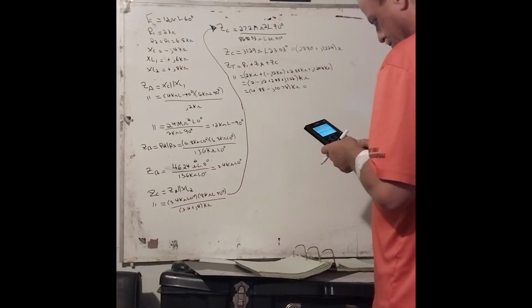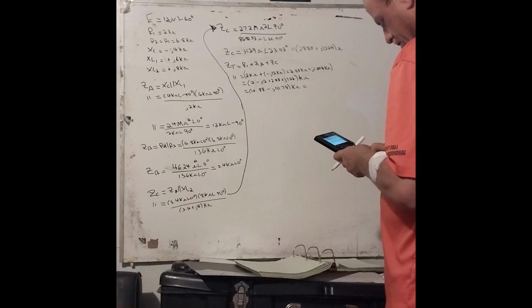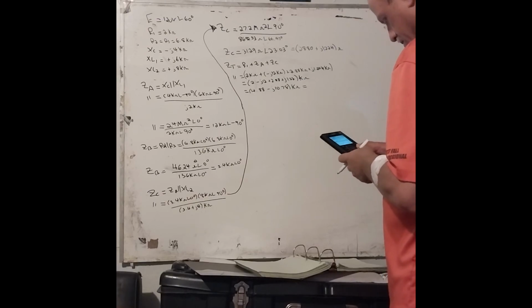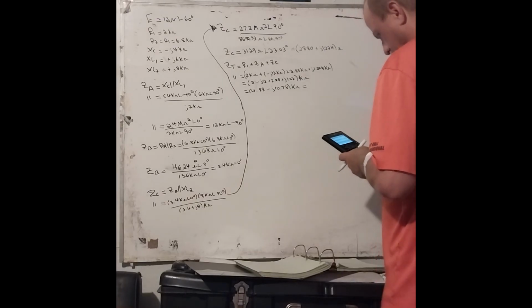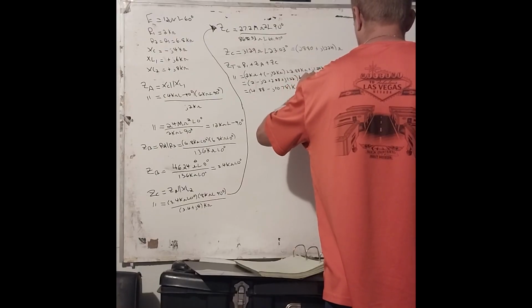Square root of 4,880 squared plus 10,780 squared. We get 11,833 ohms.